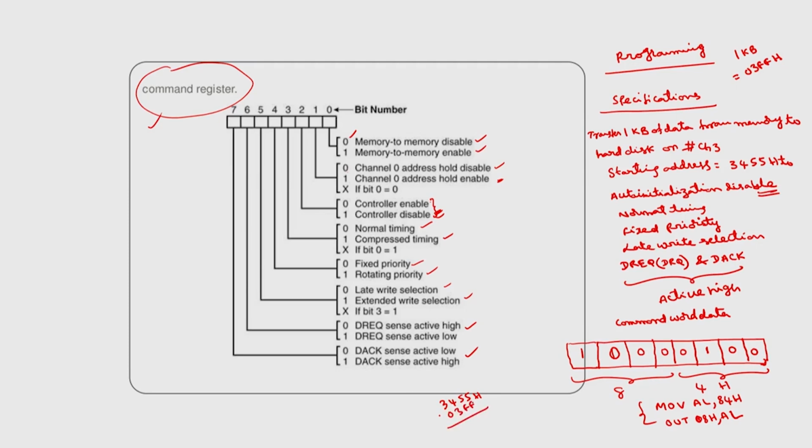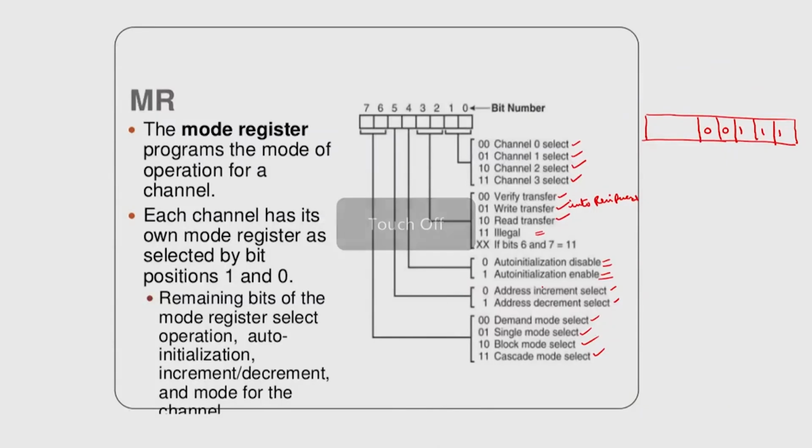So, this is F plus 5, F plus 1 is 10, 14 and this is 15, this is 3854H. So, I want to transfer the data from this starting address to the ending address, so that the memory address has to be incremented after each transfer. So, this will be now auto increment means 0.